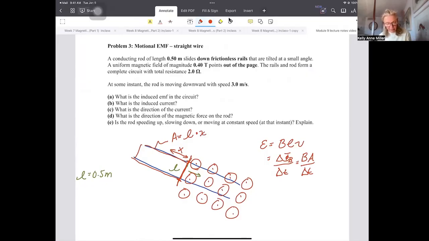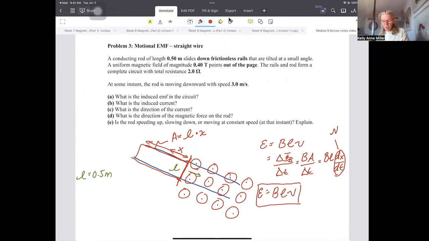Let's say that this is X here, but X is changing. X is not static because the rod is moving to the right, so X is increasing. So you could rewrite this as BL dx/dt, and dx/dt is just V. That's why when you have a straight length of wire moving through an external B field, you can simplify the EMF to this formula here.